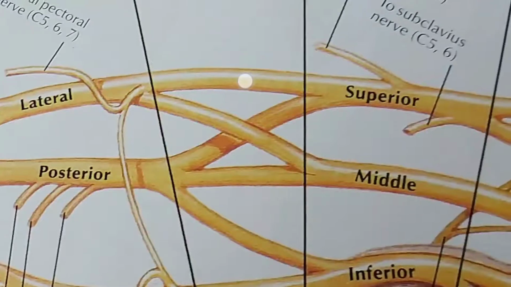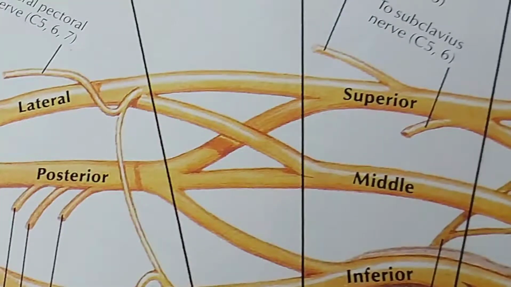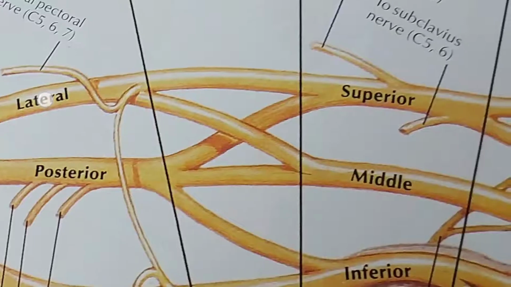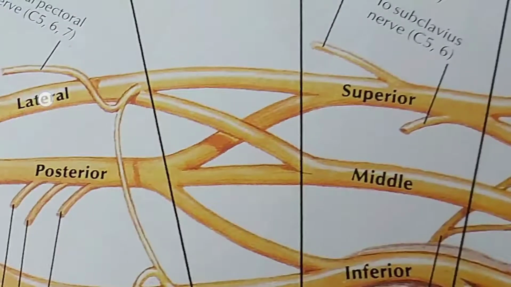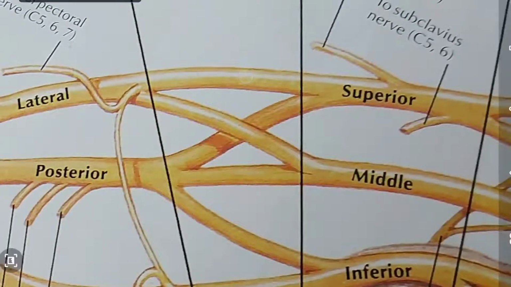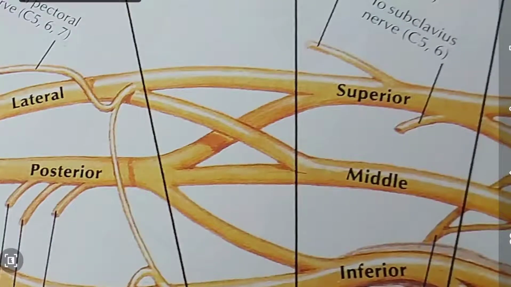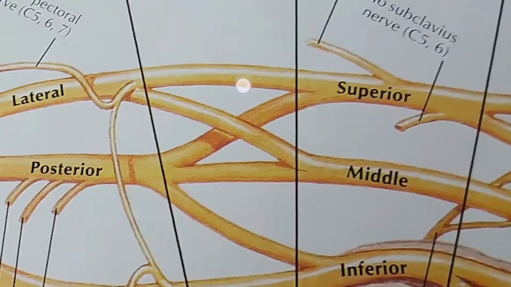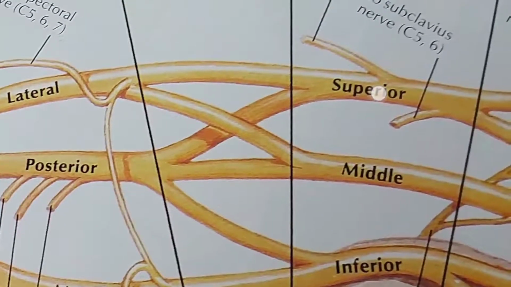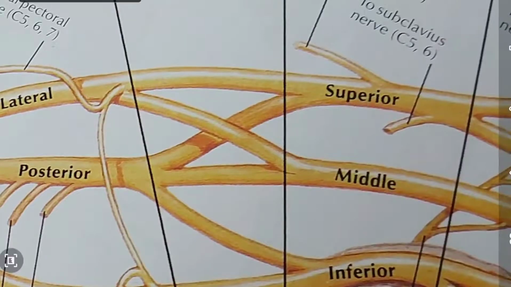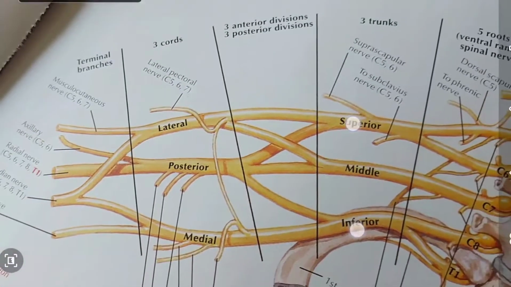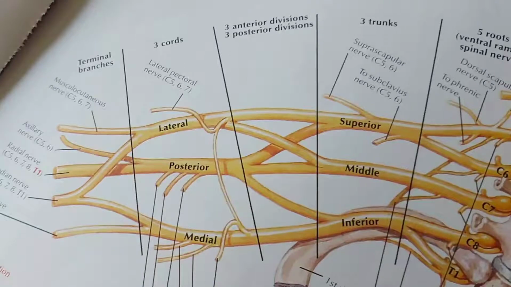If we trace back these two, if we call this the lateral cord, these are the divisions, anterior divisions, and this is also an anterior division. We see that these two come from this part and this part. This part of the brachial plexus is known as the trunk.